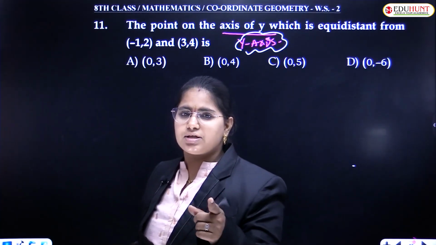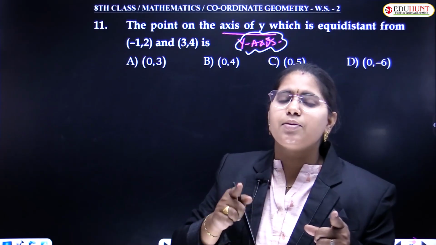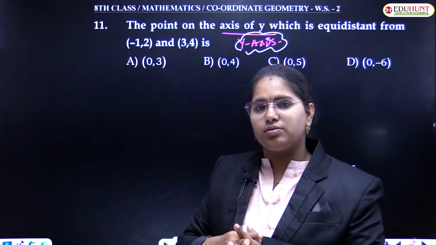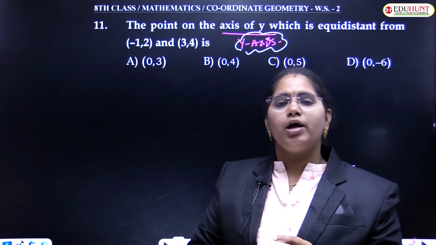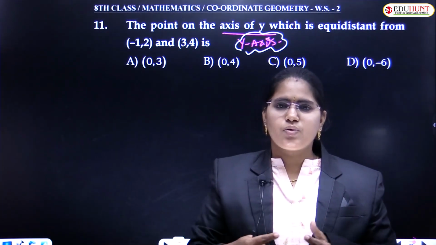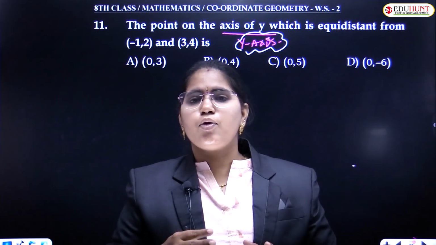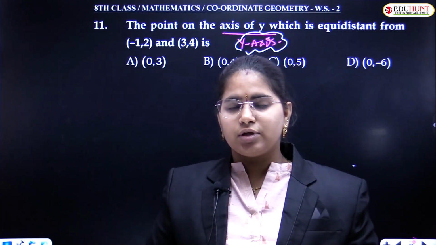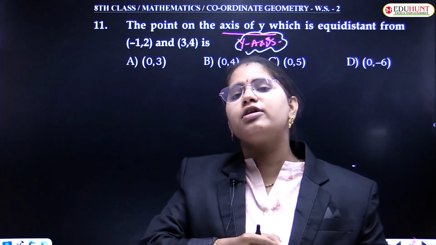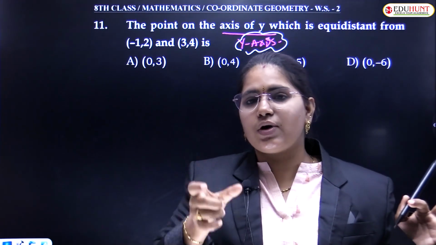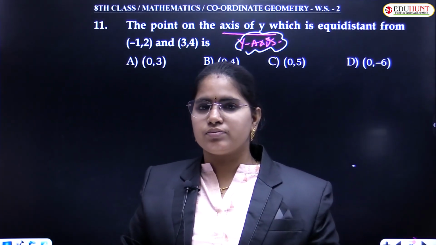But please tell me, how do you address a point on the y-axis? How? It's quite simple. For any point on the y-axis, the x value becomes 0. Take any point on the y-axis, always the x value will become 0.